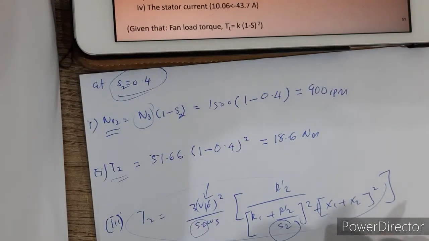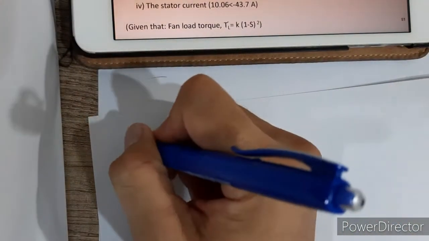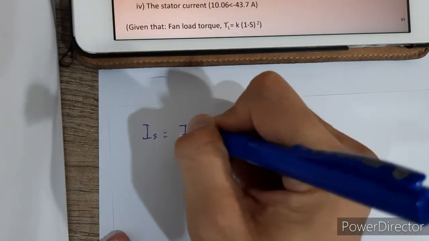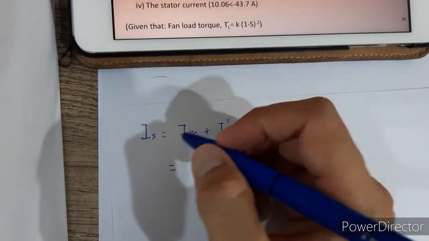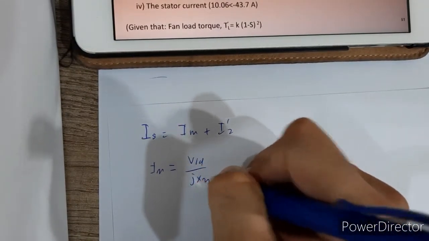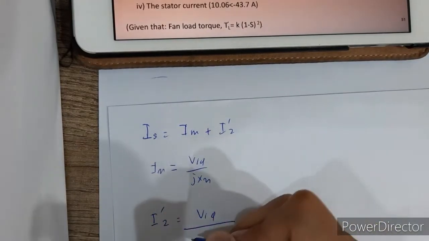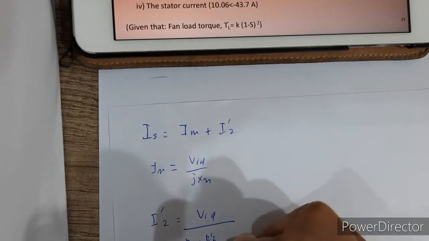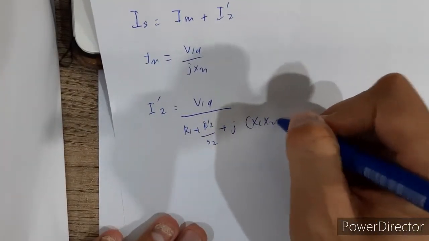And lastly, the stator current. You can use the formula I stator equals Im plus I prime 2. Im is V single phase over jXM, and I prime 2 is V single phase over R1 plus R prime 2 over S2 plus j(X1 plus X2).